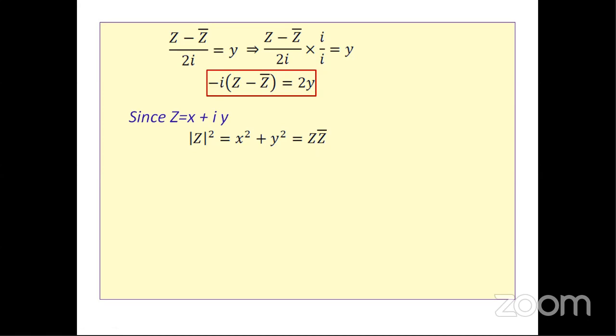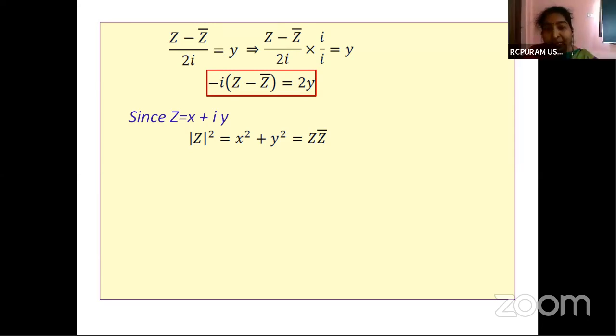What is your equation 1? We have taken the general circle equation, that is x square plus y square plus 2gx plus 2fy plus c equal to 0. We got x value, we got y, and we can also substitute z and z bar in the given problem, right?